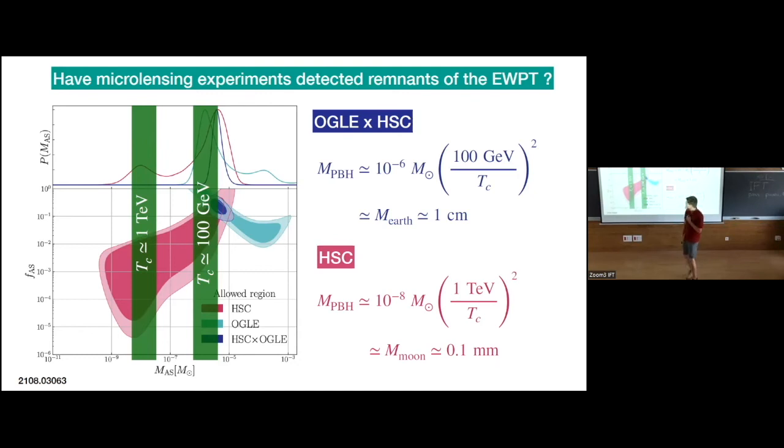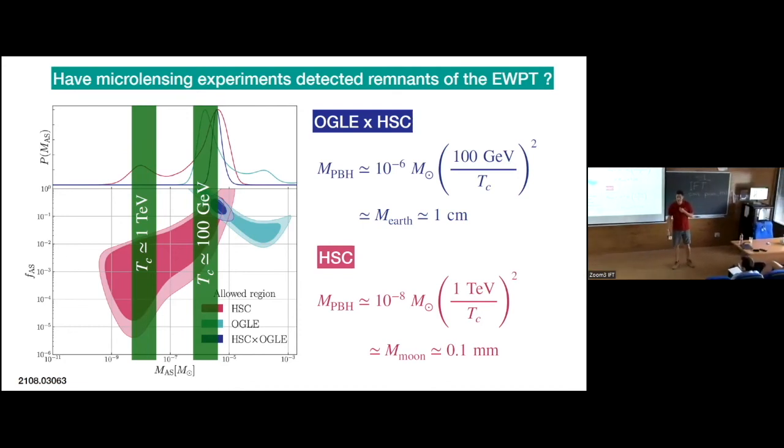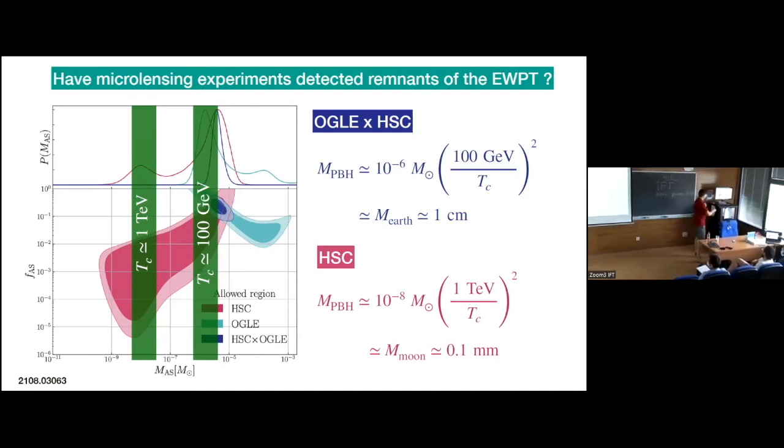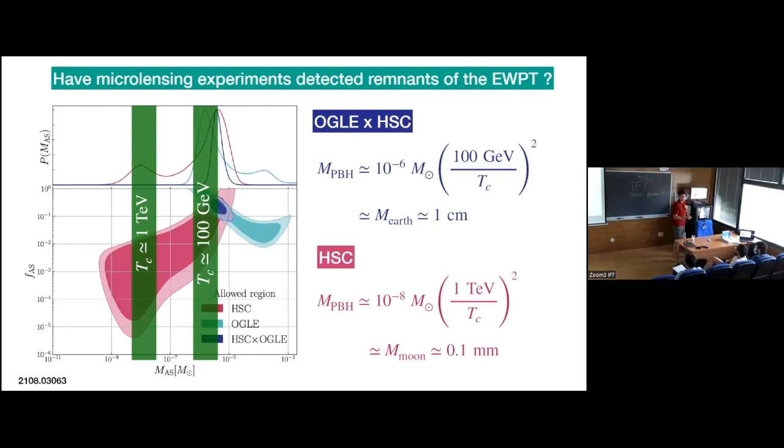Mass of the Moon, mass of the Earth. So you couldn't explain both with a single distribution? No, you have to decide. You have to pick one. Or you have to do a two-step supercooled phase transition, but it's a bit too much, maybe, I don't know.